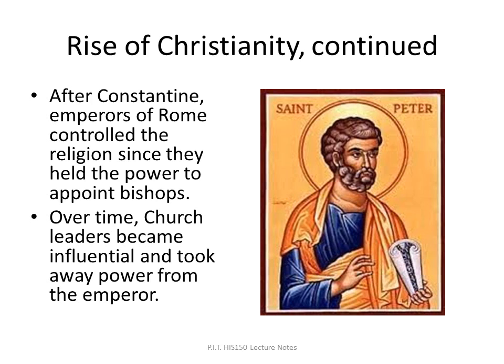Over time, church leaders became influential and took away the power from the emperor. But again, this was an evolution, and we're going to see during the Middle Ages the rise of the Catholic Church and how the Catholic Church was the most dominant force in Europe during the Middle Ages, specifically from about 500 till about 1200 or so.